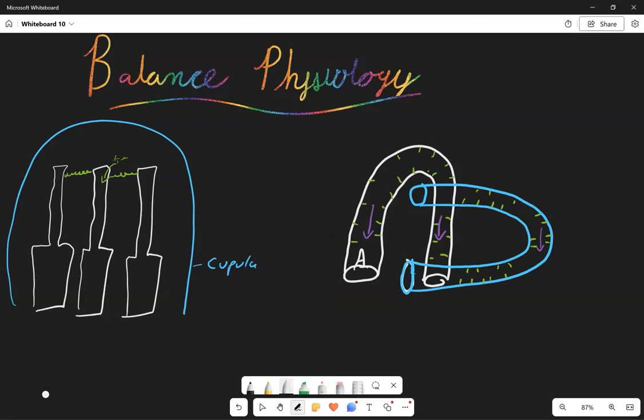This is region A. I'll make this one region B, this region C, this region D, E over here, and F over here. E and F are our tips.